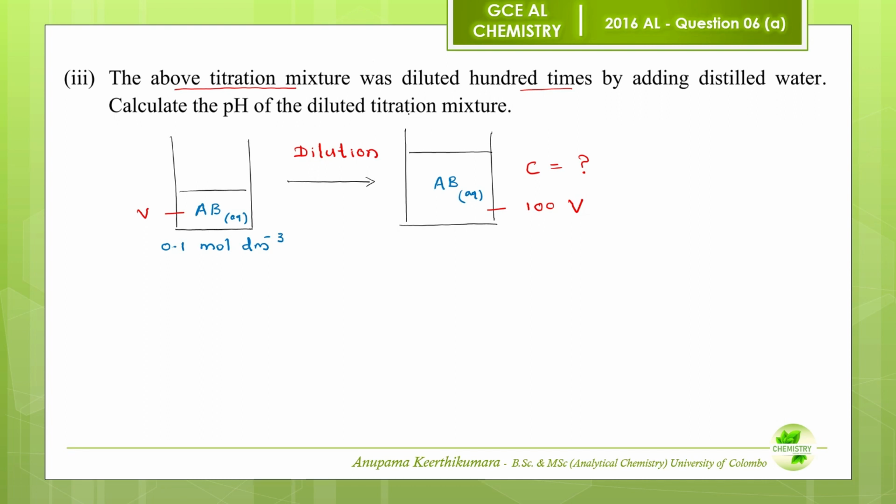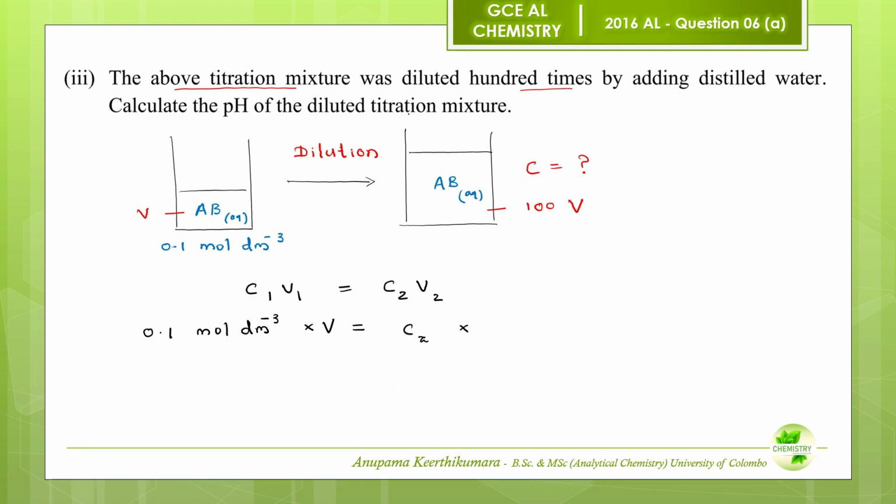We can use the equation C1V1 equals C2V2 for these types of systems. Initial concentration is 0.1 moles per cubic decimeter. Initial volume is V. The new concentration we call C2.